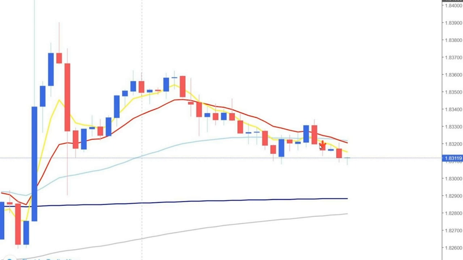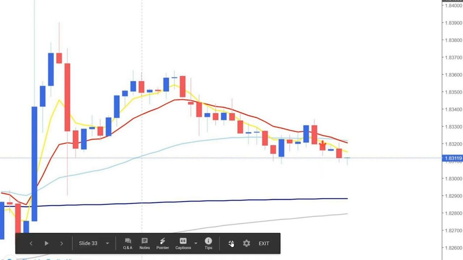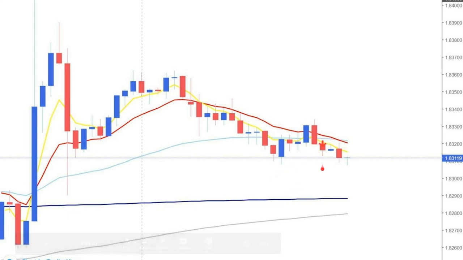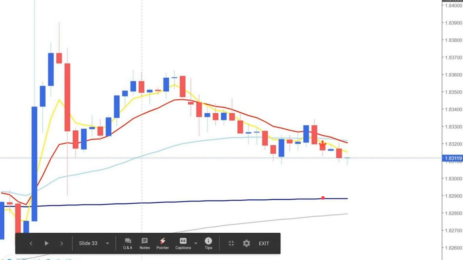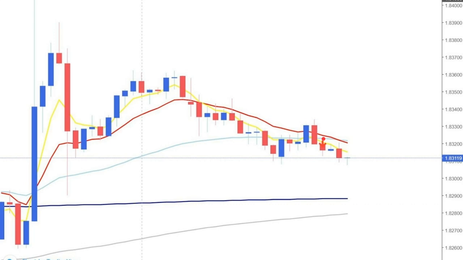You want to make sure you have at least 10 pips room from the arrow to one of those lines. If you don't have that room, you don't take the trade. In this case, we have that room. That room means profit, because we are looking at taking profit at those lines.